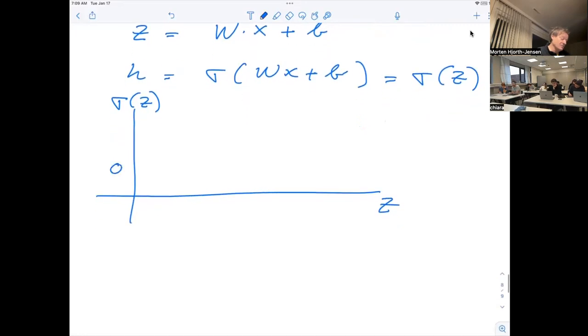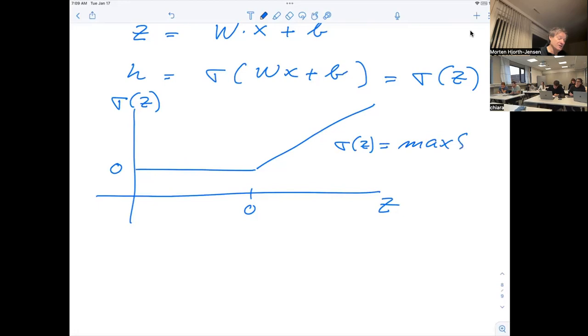It is 0 up to z equal to 0, and then it is simply a constant. This is going to create problems when the argument is less than 0. There are cases where we will never have arguments less than 0, and then this function is okay, but we have to be a little careful with the kind of functions we have. So this function sigma of z is given by a very simple mathematical function, the max of 0 and the input argument z.